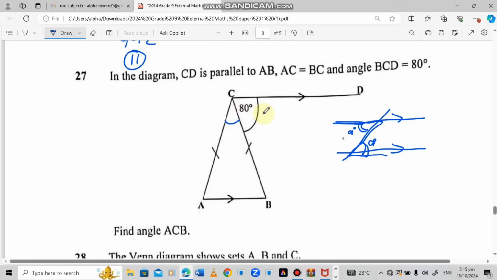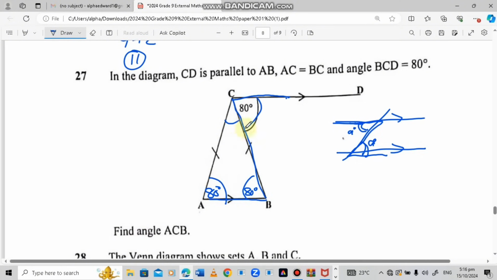So if this is 80, this one will also be equal to 80. Since this side is equal to this side, it is an isosceles triangle, and so the base angles are equal. So this angle here is 80 degrees.